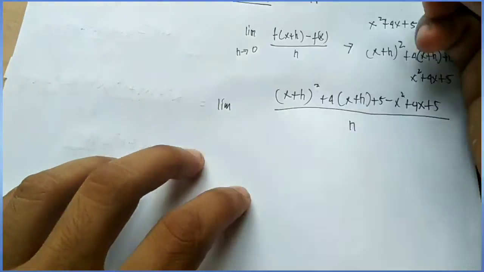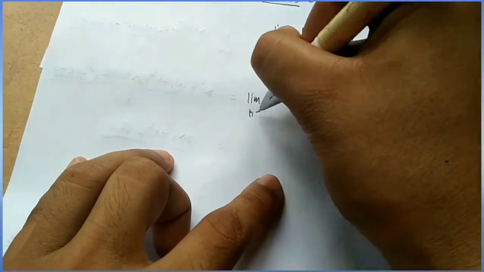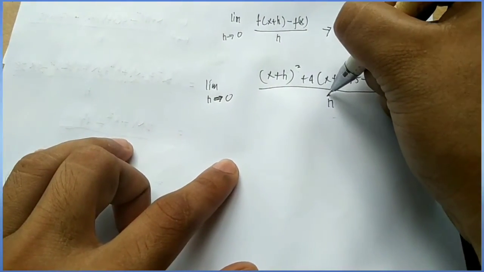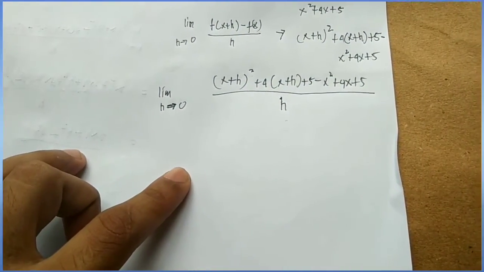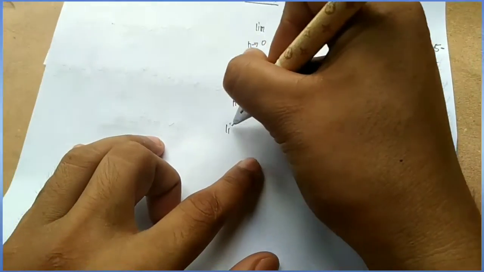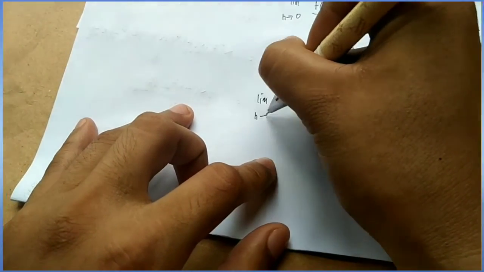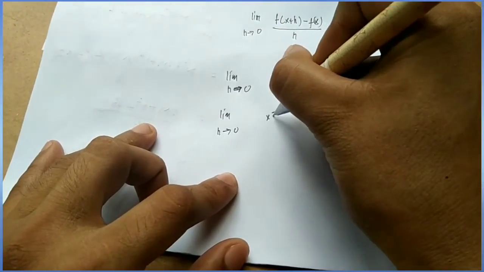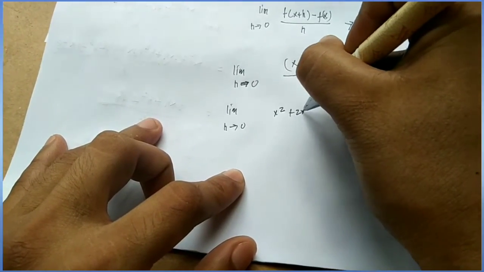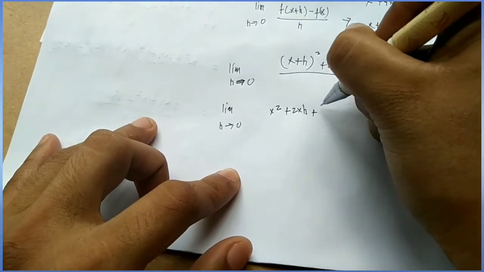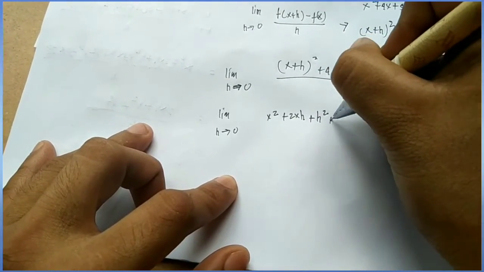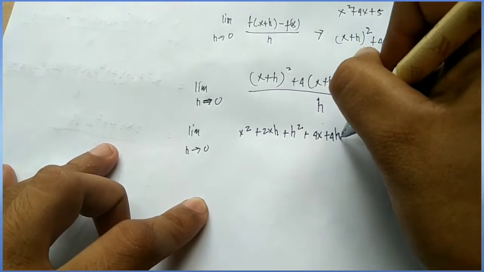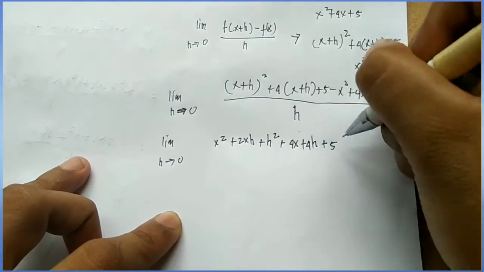The limit as h approaches 0. Now let's expand. After expanding, we get x squared plus 2xh plus h squared plus 4x plus 4h plus 5.